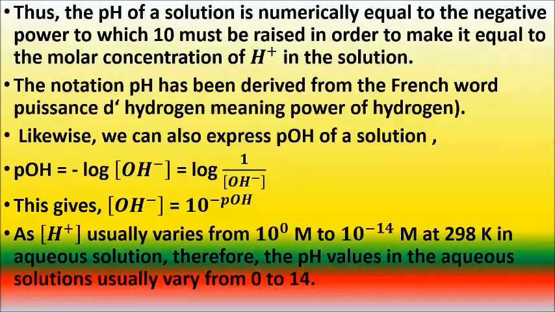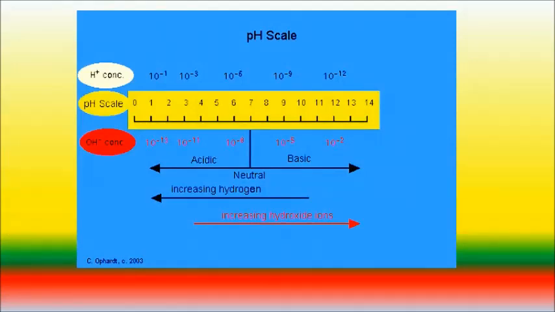And as the molar concentration of H plus ion usually varies from 10 raised to 0 molar to 10 raised to minus 14 molar at 298 Kelvin in the aqueous solution, we can say that the pH values in the aqueous solution usually vary from 0 to 14. Let's see the scale.